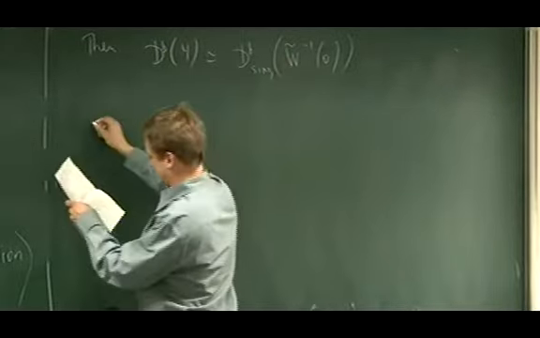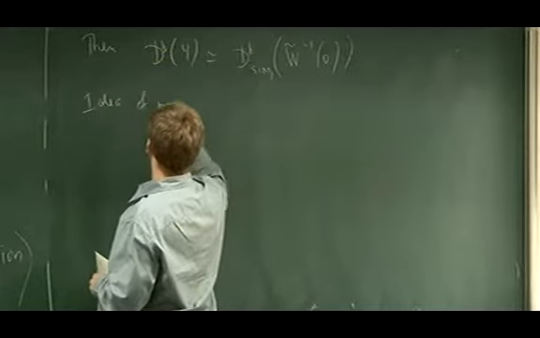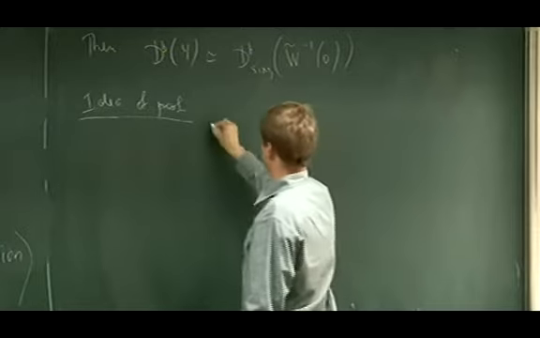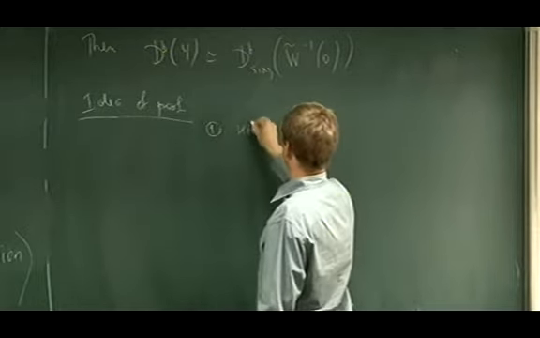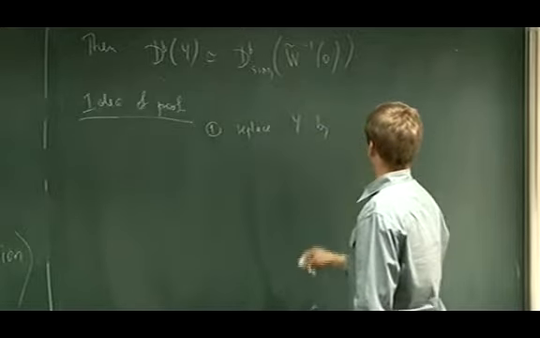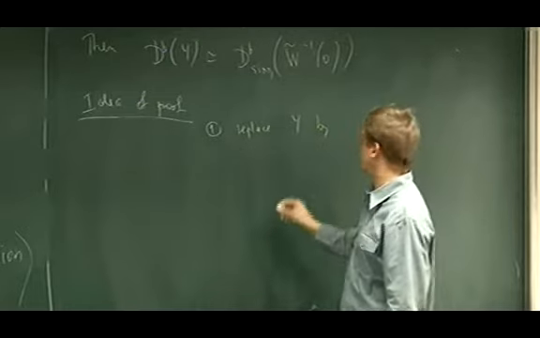So what is the idea of proof? So the idea of proof is, well, the first step is that you replace Y by what is called Koszul resolution of a structure sheaf.